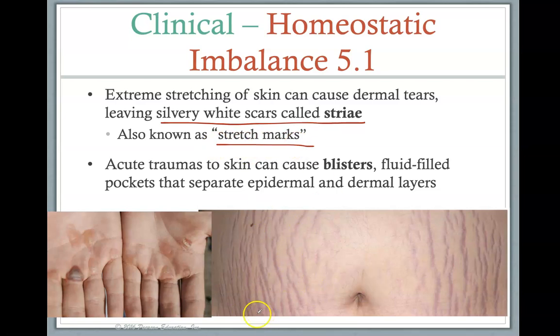Those are actually dermal tears. Now, interestingly enough, blisters are just an acute trauma, a minor short-term trauma to the skin, that ends up creating fluid-filled pockets because you've had a lot of friction of moving the dermis and epidermis against each other. And so you end up building up fluid in there, and that fluid-filled pocket will actually separate the epidermis from the dermal layers. So that's what ends up causing your blisters.